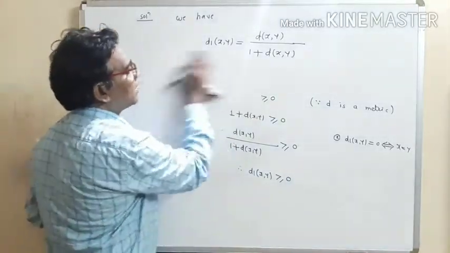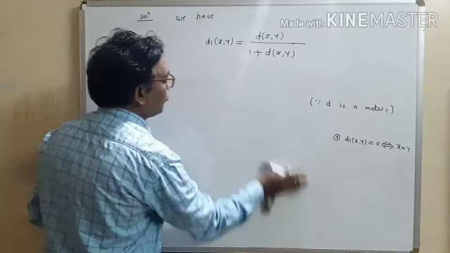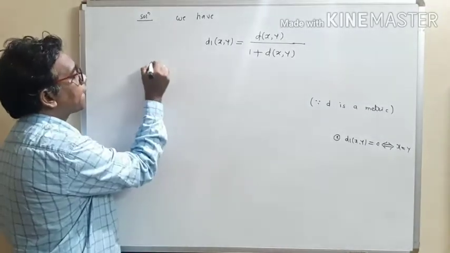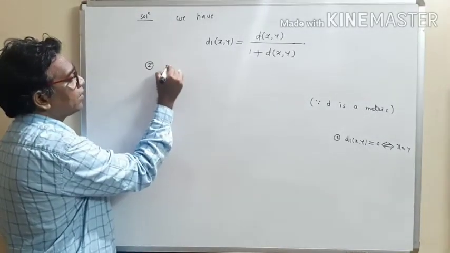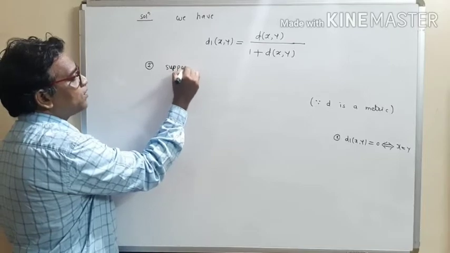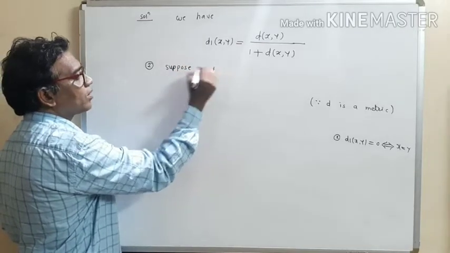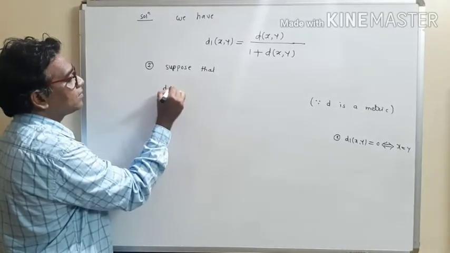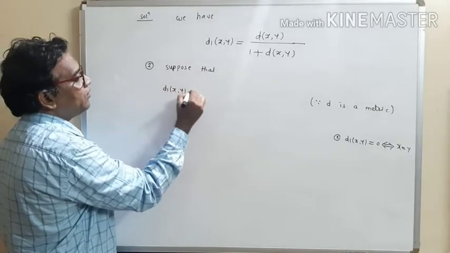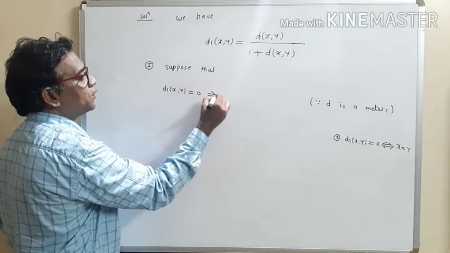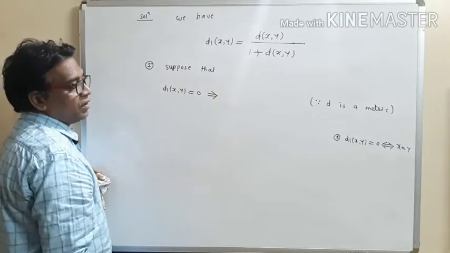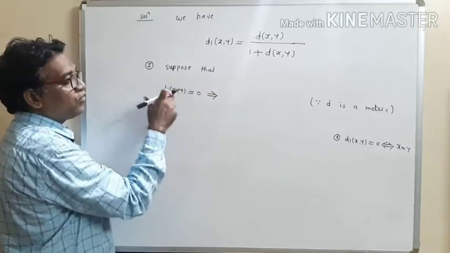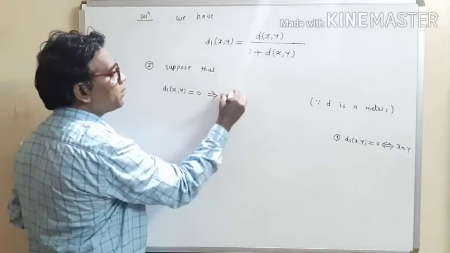So write down the second condition, number 2. Suppose that d1(x,y) is equal to 0. So this will imply, what is the value for d1(x,y)?